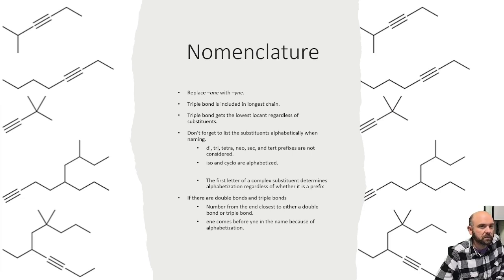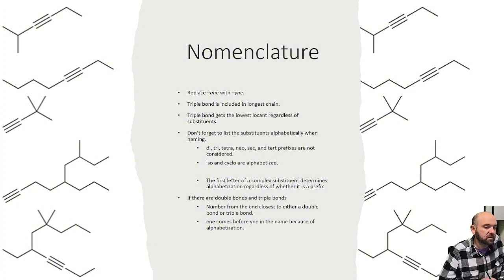If you run into the extreme edge case where you need to alphabetize a complex substituent, the first letter of a complex substituent determines its alphabetization regardless of whether it's a prefix. So di, tri, and tetra do count when it's part of a complex substituent, but those are uncommon, and you probably don't need to keep that rule at the very top of mind.